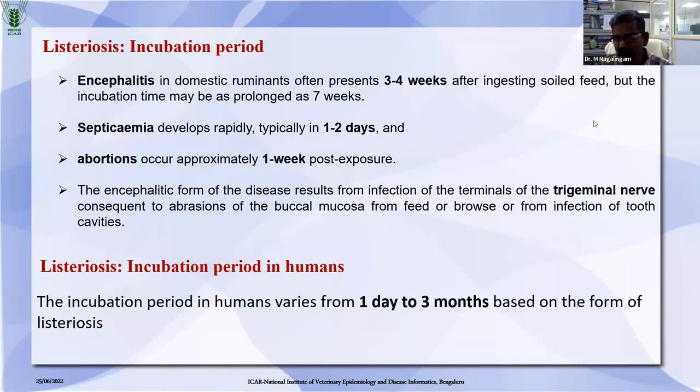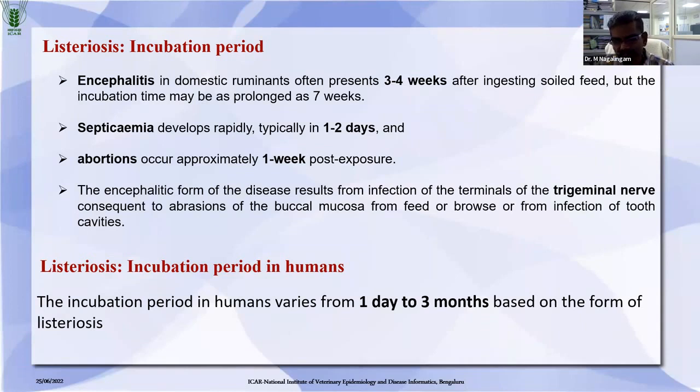Whereas septicemia is very immediate; it causes death in 1 to 2 days. Abortions take around 1 week post-exposure. Among the three forms, encephalitis takes the most time and septicemia is immediate.